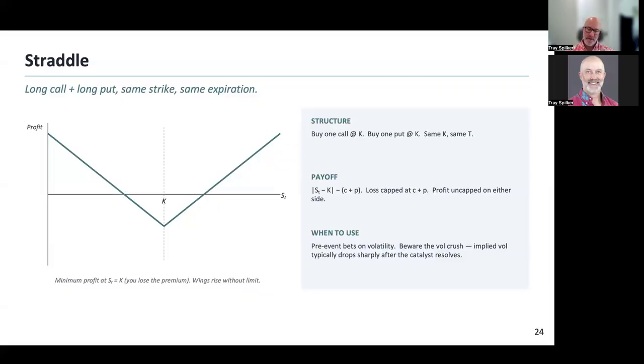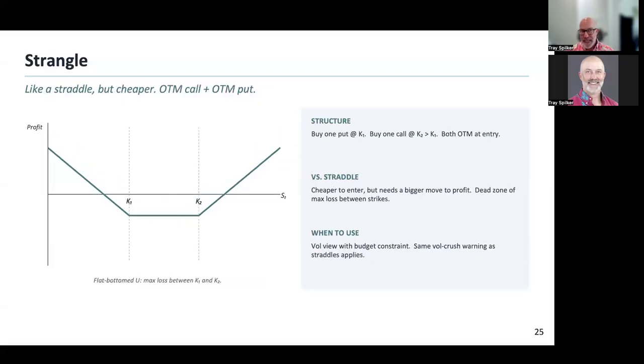Next strategy here looks very similar. It's basically like we saw with the condor position. It's basically taking a straddle position, but widening out the lower dip, if you will, in case there's less volatility than you'd hope for.